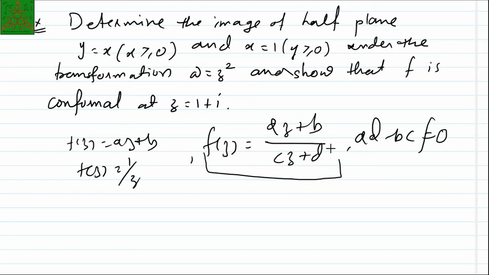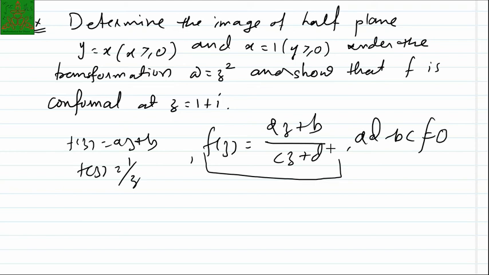So in this video we have discussed conformal mapping. Conformal mapping means an angle preserving map. If you have two curves in your z plane and you transform them into the w plane, and the angle between these two curves remains the same, then we say the mapping is a conformal mapping. We have discussed the properties of conformal mapping: if the function is analytic and its derivative is non-zero, then the function has to be conformal.